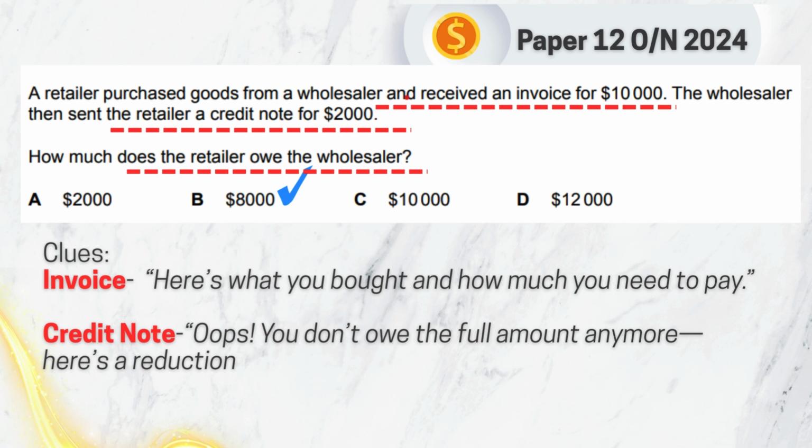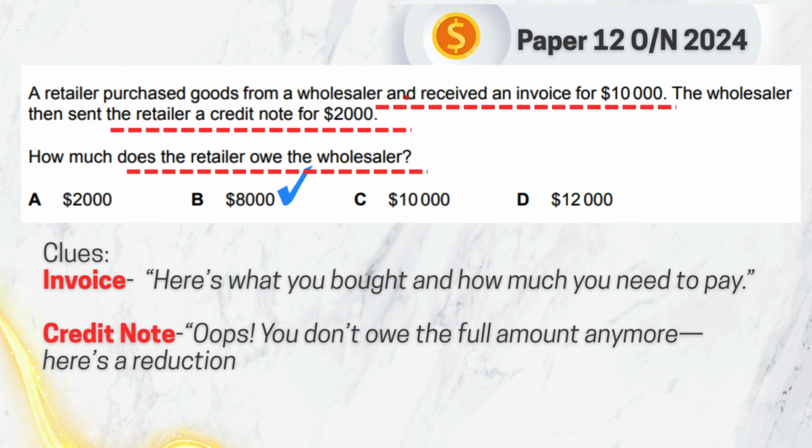On the other hand, again, the seller gives the invoice to the buyer. The buyer receives the invoice so the buyer knows how much he needs to pay. Then there is the credit note. A credit note is like a mini refund note. It's just like saying, oops, you don't owe the full amount anymore. Here's a reduction.